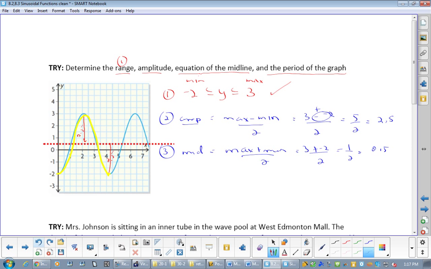I would say it's approximate. So here's the period. And yeah, it's a little past it, right? And it's not at 4.5, so I would say the period is about 4.2. Okay, so that's everything we learned in one question.